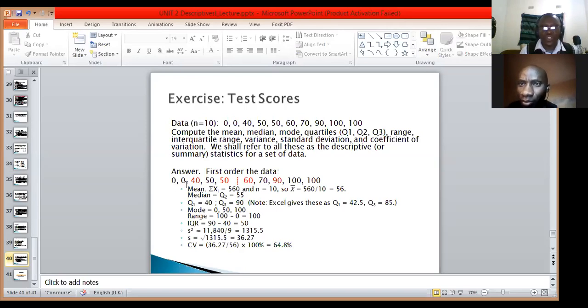We have 2 zeros. When we look at 50s, how many 50s? We have 2 50s. When we look at hundreds, we have 2 hundreds. So we have more than one mode. So the mode is 0, 50, and 100.